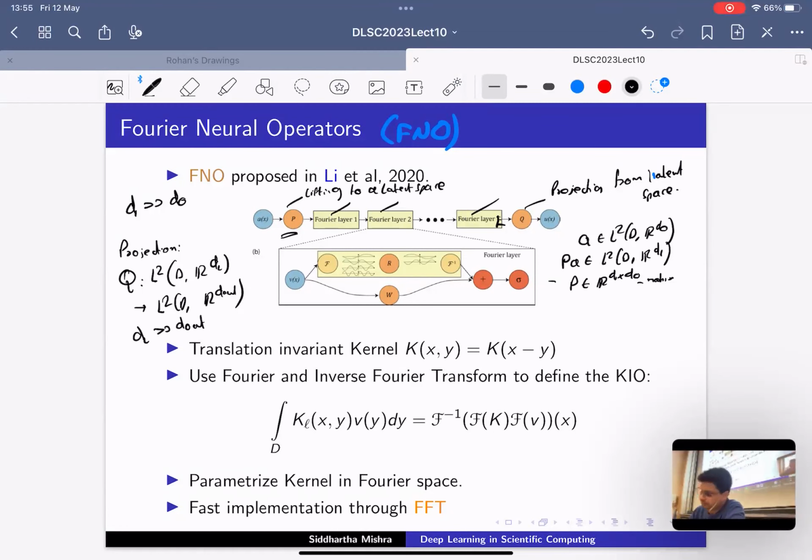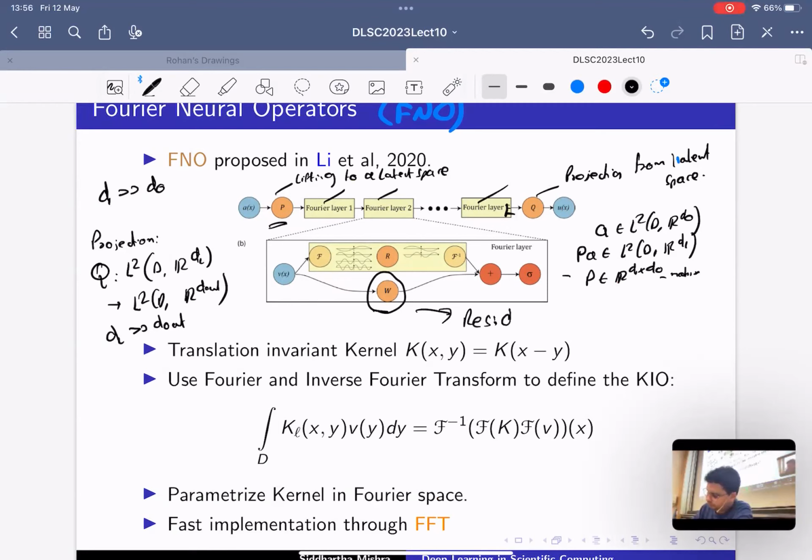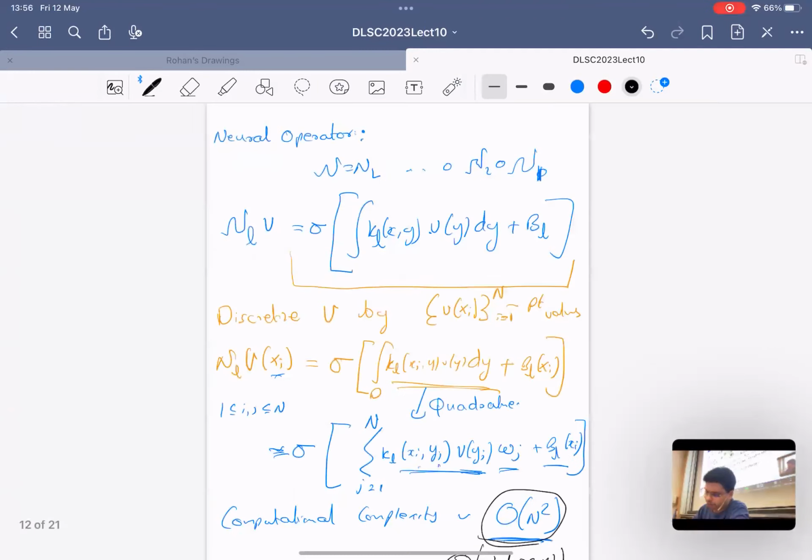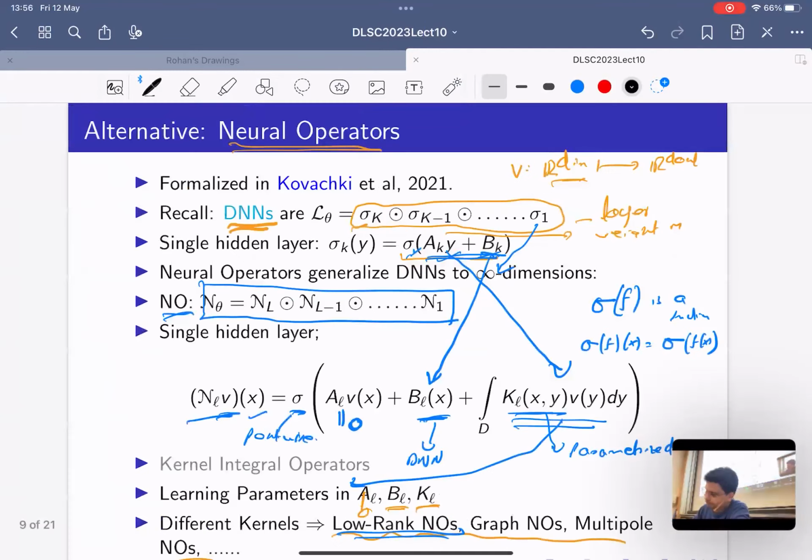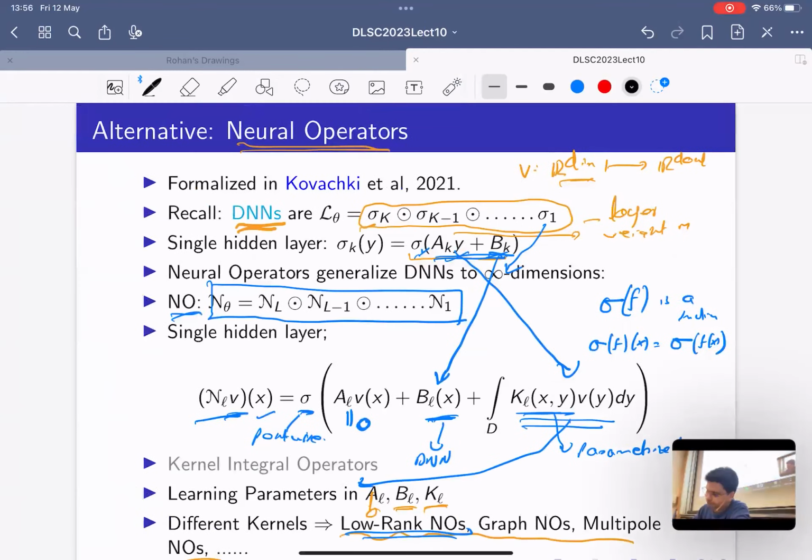The second point, which is often ignored, and which I ignored before, is to have what is called a residual connection. And this plays an important role. Perhaps I'll highlight it in the next lecture a bit more. But the idea is that in the earlier neural operator, I had just thrown out the entire signal and processed it.